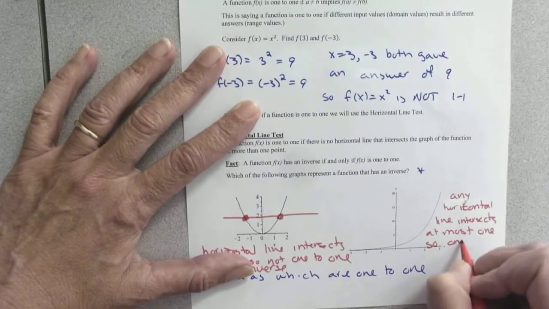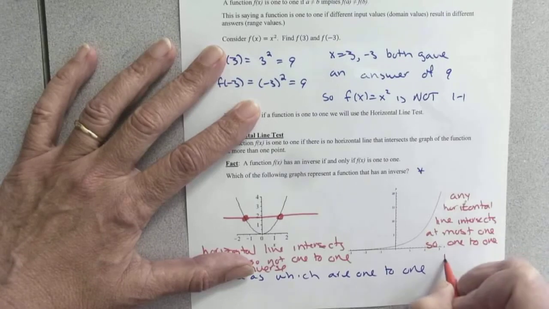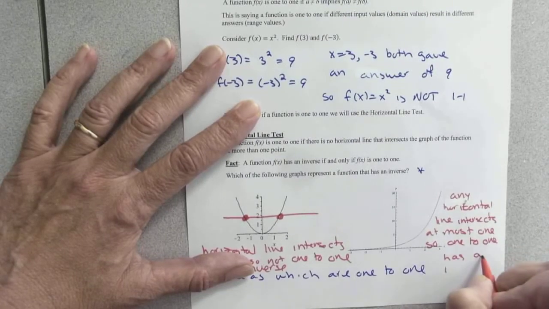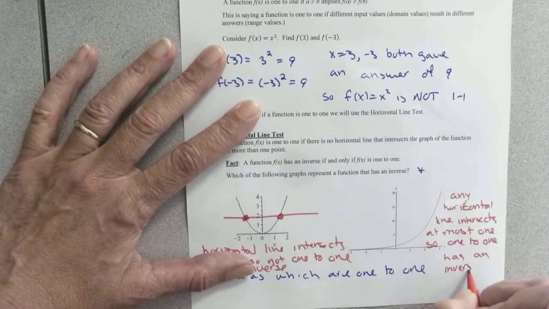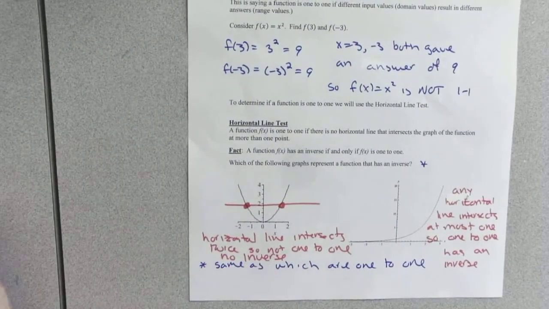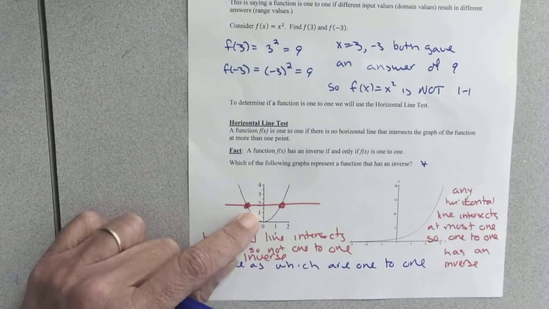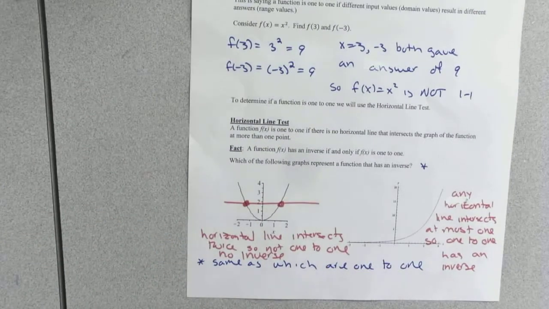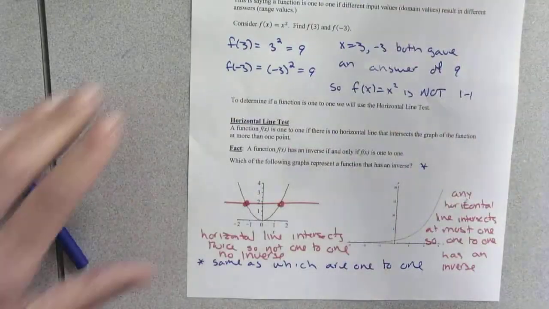So it is one-to-one and has an inverse. This happens to be the graph of e to the x, and I did that on purpose. We'll see that in a minute. So no inverse on this one because it's not one-to-one. Inverse on that one because it is one-to-one.